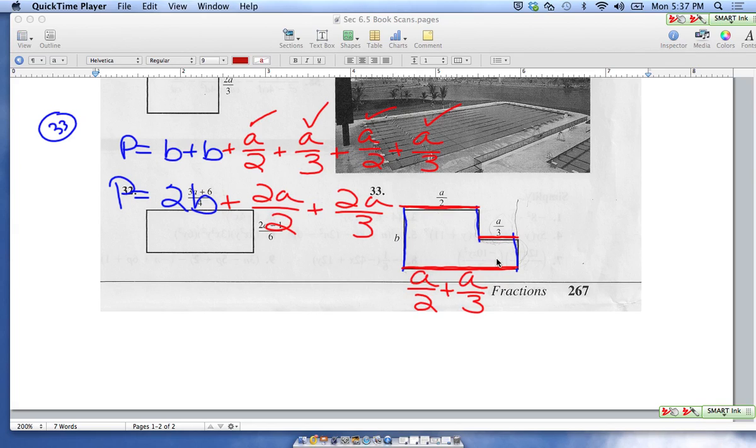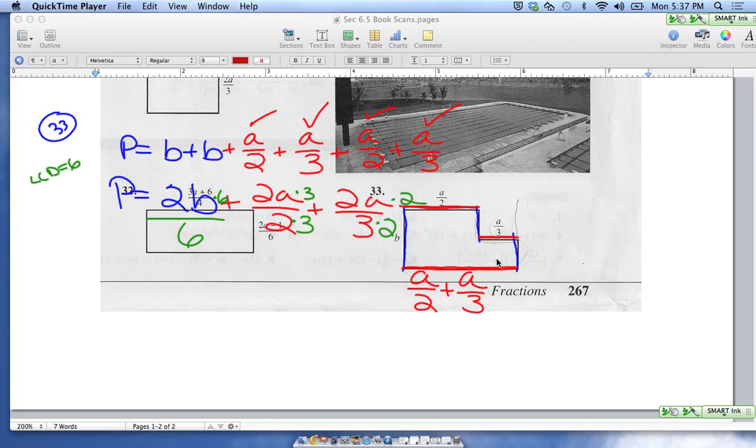And then the common denominator here, to write this as a single expression, would be 6. So the LCD for this expression would be 6. So I would have to multiply 2b times 6. I would need to multiply by 3 because 2 times 3 is 6, and then the third fraction would have to be multiplied times 2.